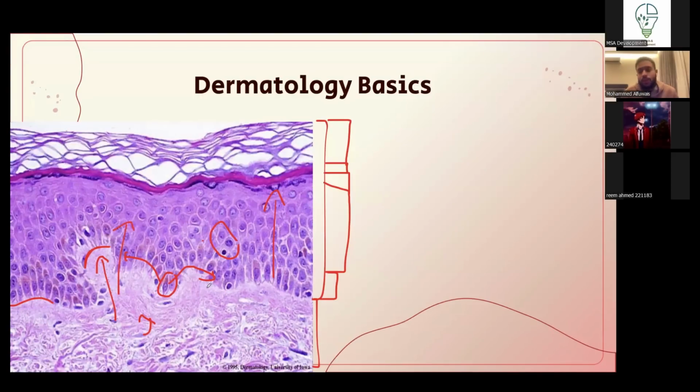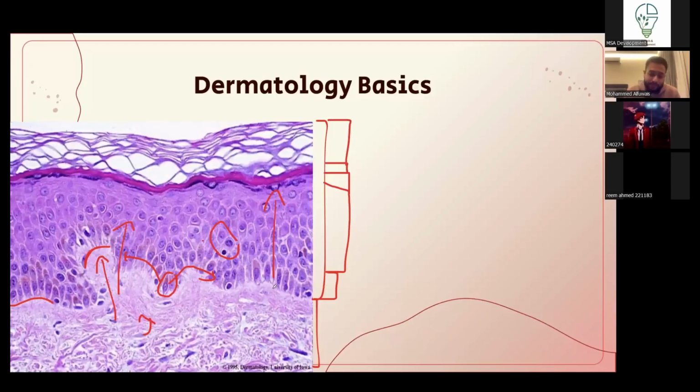What do we call this finding? Excellent. Exocytosis. So, when WBCs go to the dermal epidermal junction, we call this interface dermatitis, where it's basically inflammation of the junction between the dermis and epidermis. If it moves further beyond that into the epidermis, this is what we call exocytosis.